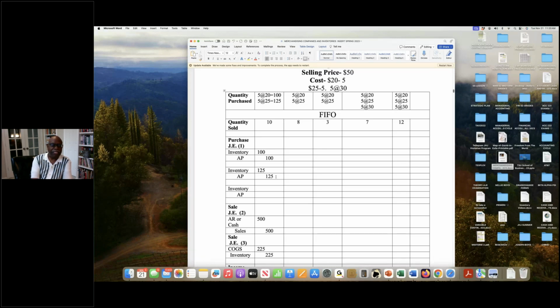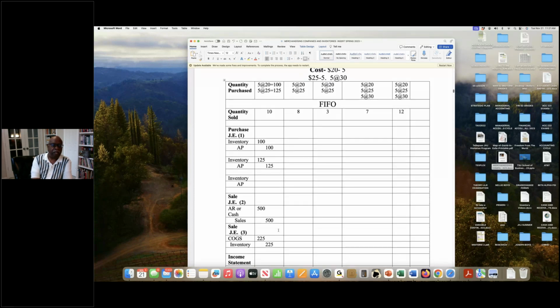No. Then we sold all 10 pairs. You know, when you go into a shoe store, no matter what was paid for the shoes, they got one selling price on them. Okay. So when you sell the 10 pairs, you get $500, but your cost now is 100 and 125, or 225.